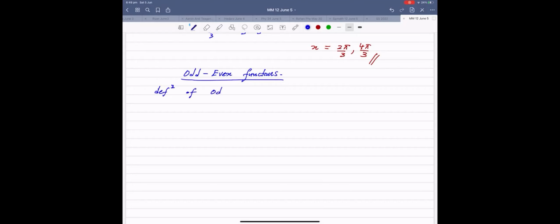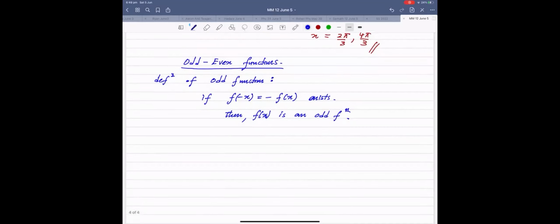Definition of odd function. If f of minus x is equal to minus of f of x, then f of x is an odd function. Example, f of x is equal to x to the power 3.